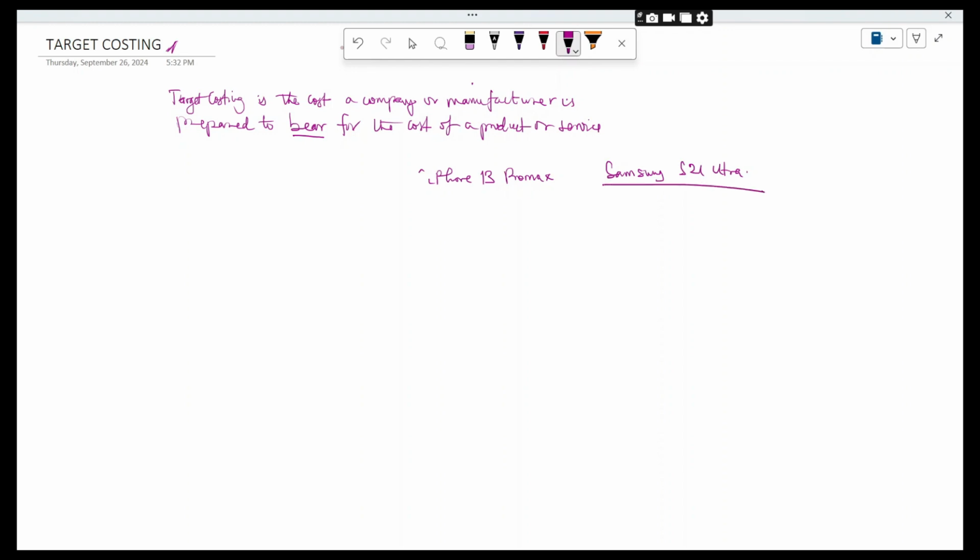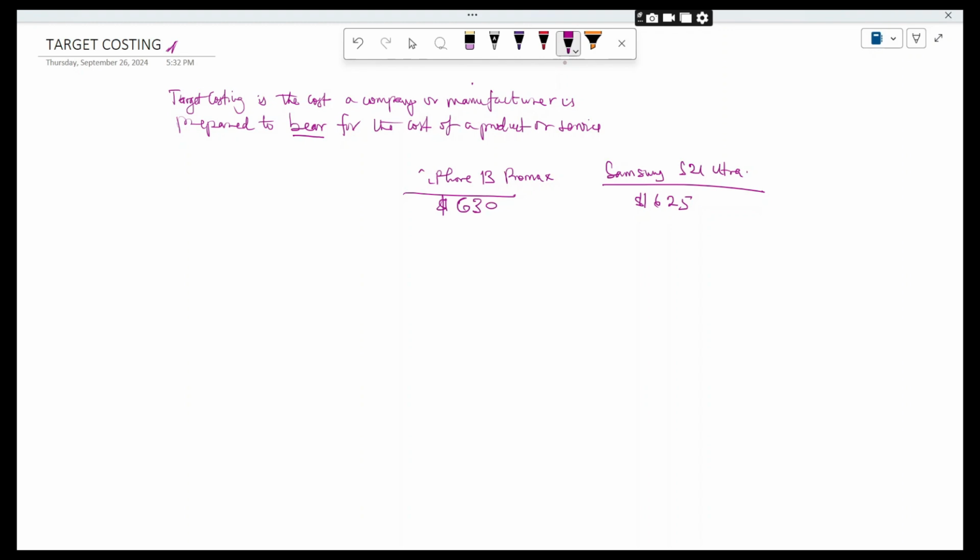Now, if you look at here, Samsung Galaxy S21 Ultra is 625 US dollars at eBay. So when you check the price, it's 625 US dollars. Now, when you check the iPhone, it's 630 US dollars.